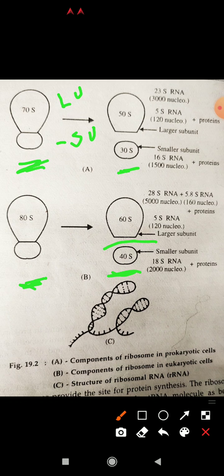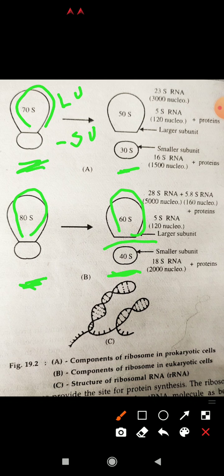Each ribosome is porous, hydrated, and composed of two subunits. Just now we have seen the larger subunit and smaller subunit. The larger subunit is dome shaped. See the shape over here. This shape is called a dome shape. The larger is dome shaped. Here also the larger is dome shaped.